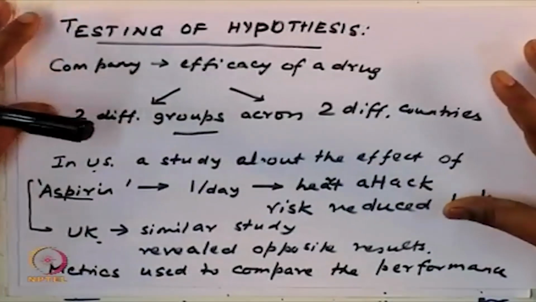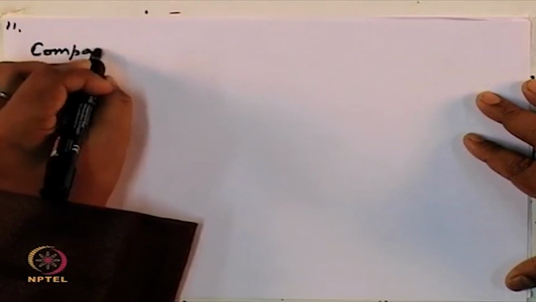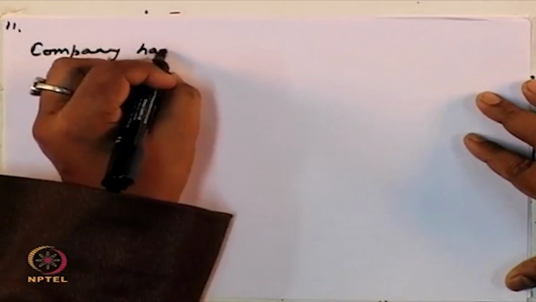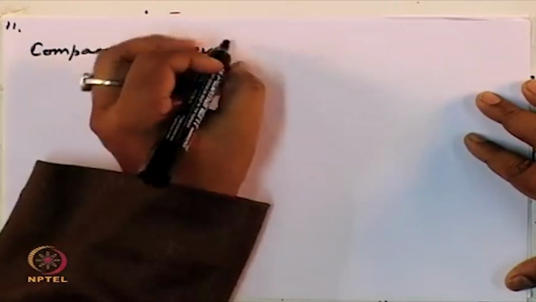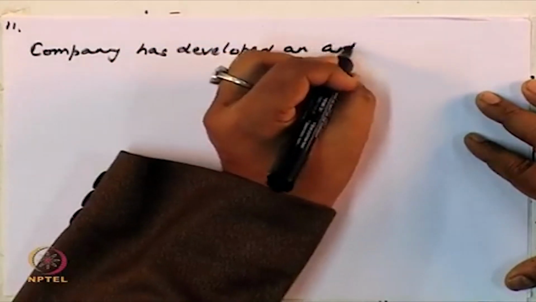So, this is where statistics becomes very important. And in testing of hypothesis, what is typically done? Let us take another example where a pharmaceutical company has developed an antibacterial drug.